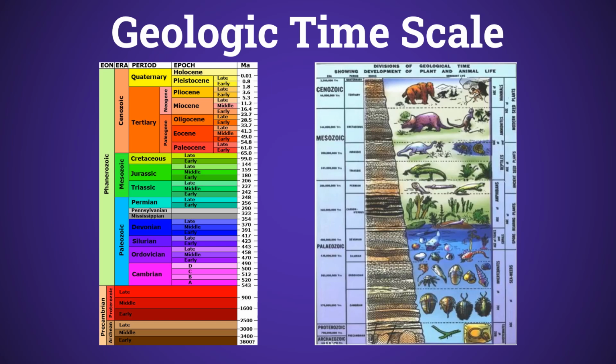According to this chart, we currently live in the Phanerozoic eon, the Cenozoic era, the Quaternary period, and the Holocene epoch. The symbol Ma here means millions of years ago. The chart on the right shows how life evolved through each time period according to the fossil record.